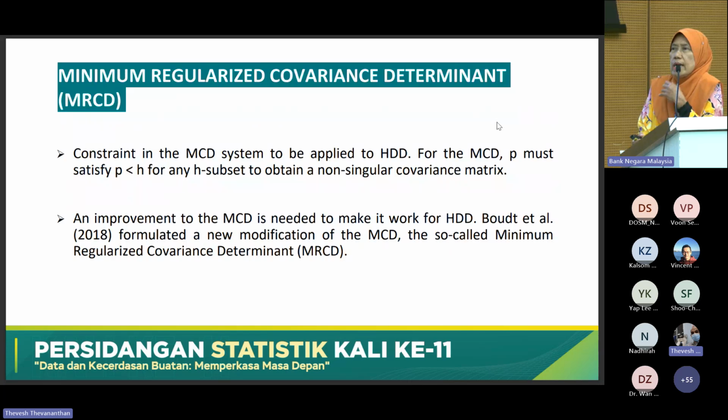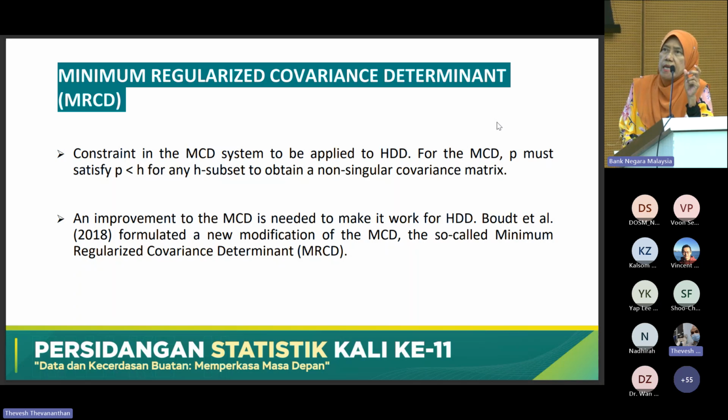Now, in robust Mahalanobis distance, where some researchers try to identify high leverage points, we have to use a location and covariance matrix in the formula. The location and the covariance matrix are usually obtained using the minimum covariance determinant, in short MCD. The problem with the MCD is that it cannot be applied to high dimensional data.